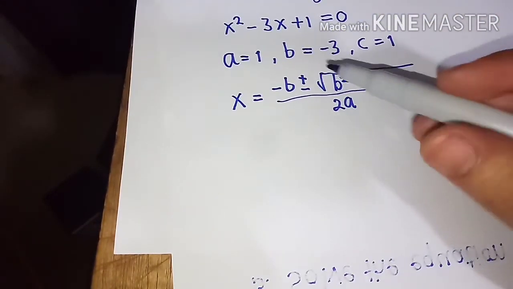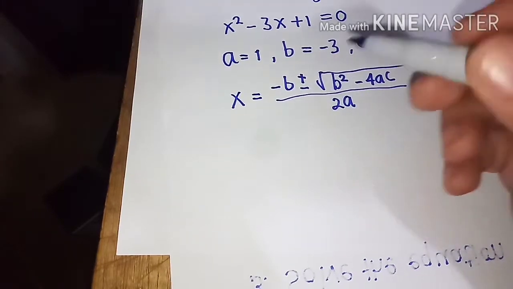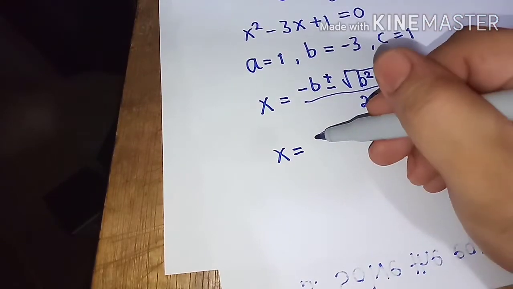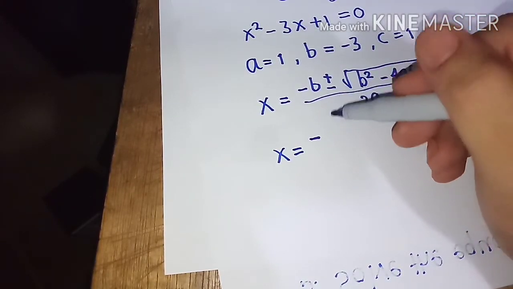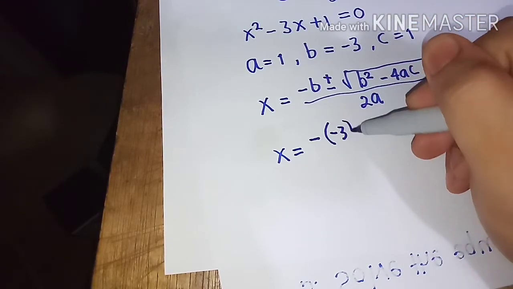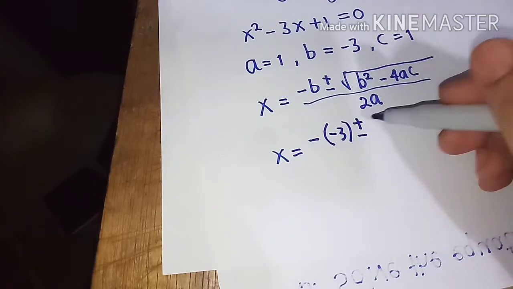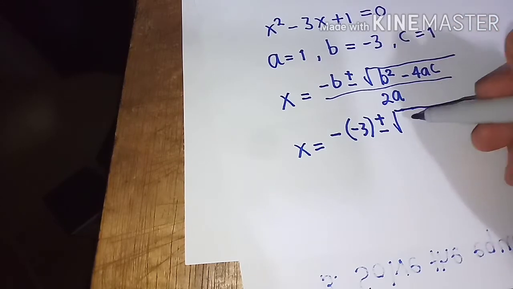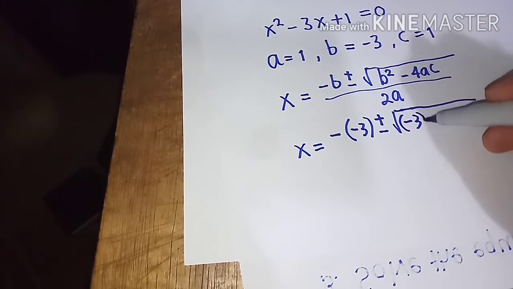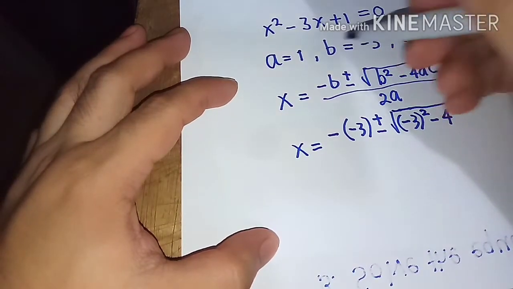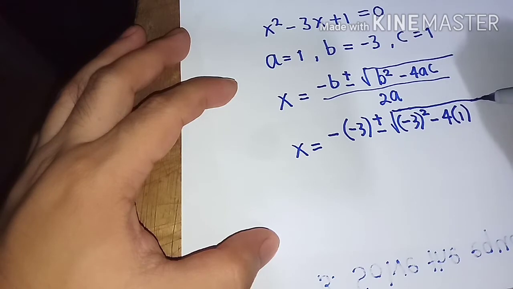Again, substitute the values of a, b, and c in this formula. We have x equals, the value of our b is negative, so copy negative because we have negative here, and our b is negative 3, so copy also 3, plus minus or positive negative, the square root of negative 3 squared minus 4, the value of our a is 1, and the value of our c is 1.